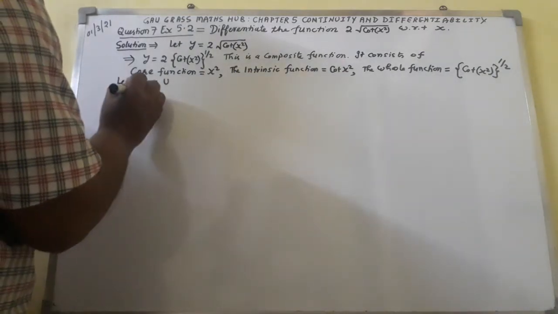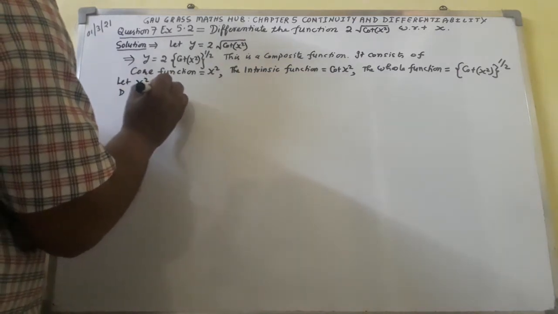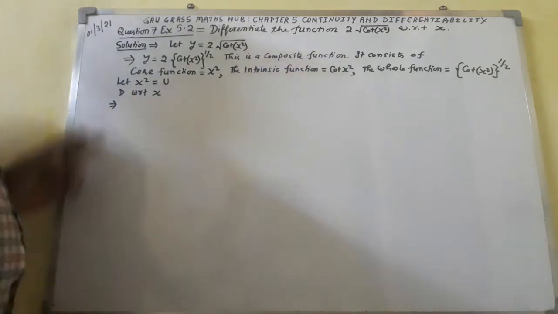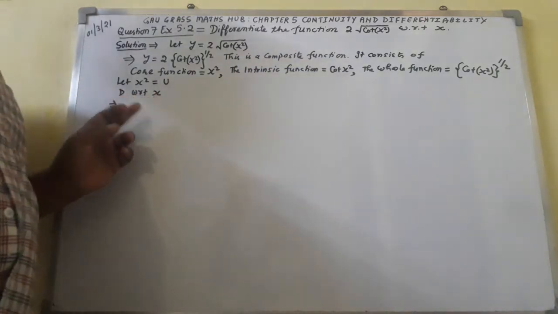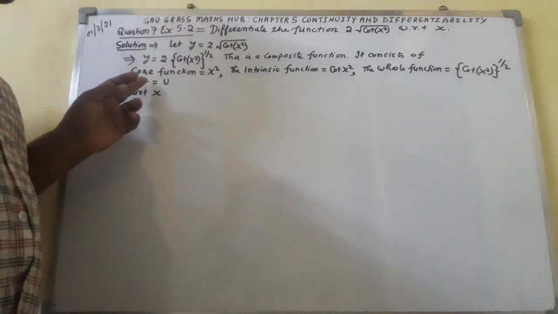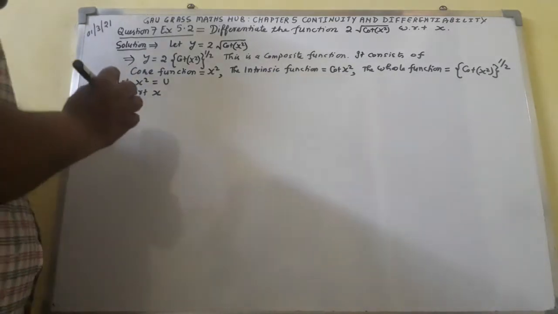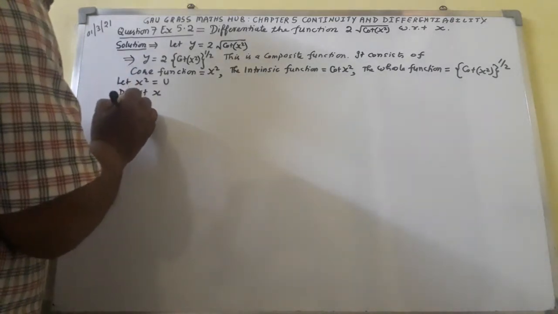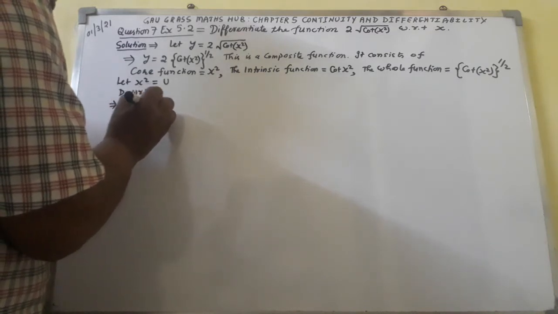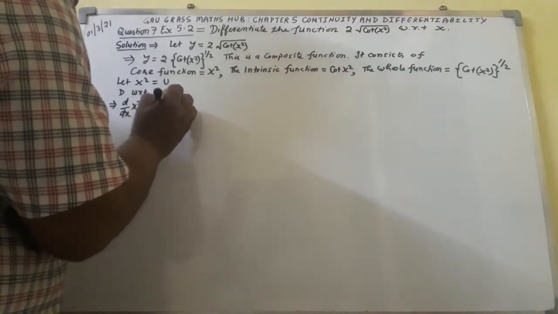Differentiating with respect to x, d over dx of x square equals d over dx of u.